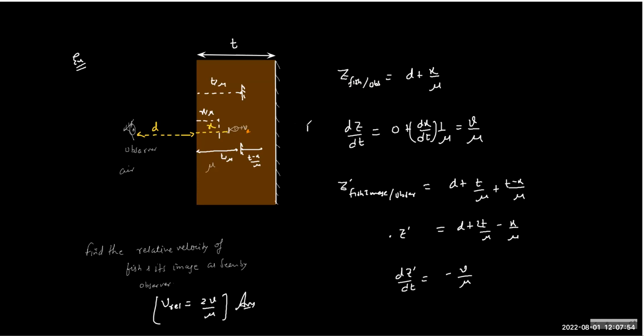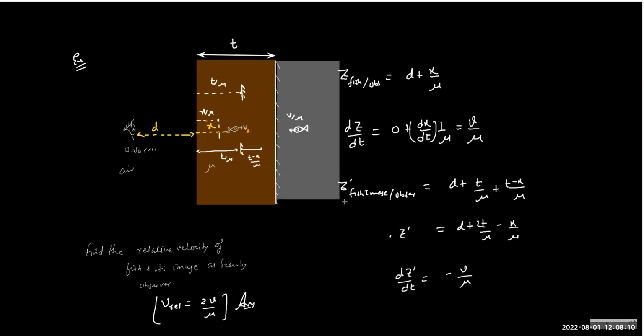So, the fish. It will also appear to the observer by v by mu, going left. And you can also replicate the medium on the left side by the same value.